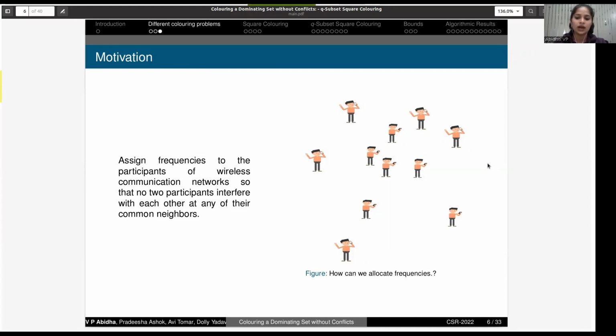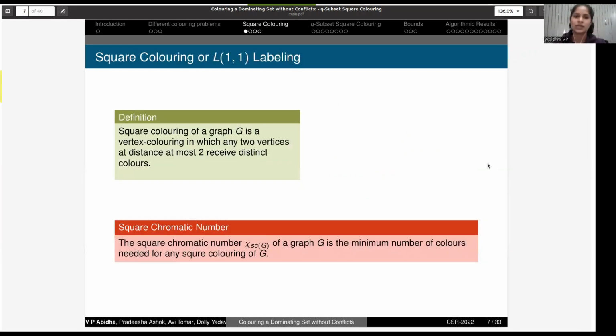Now, how can we allocate frequencies in this problem? This problem is motivated by one of the coloring schemes called square coloring. In this coloring scheme, if any two vertices are at distance at most 2, then they receive distinct colors.